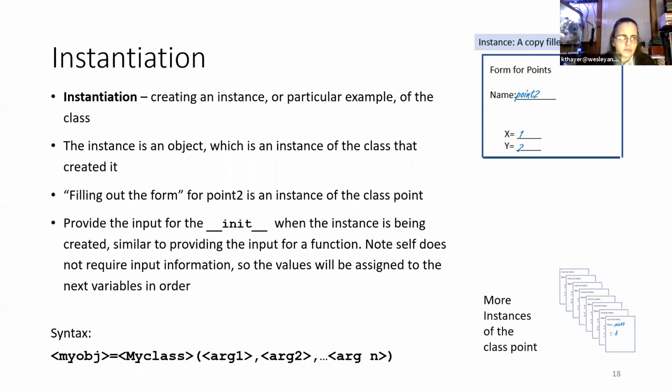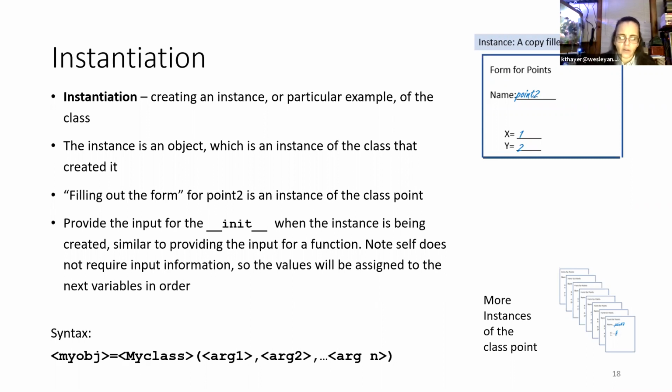When that instance is being created, we're going to need to provide that information, similar to providing the input for a function. Note that self does not require input information, so the values are going to be assigned to the next variables in order. Remember, we have self in there, and usually when we put information into a function, the values line up.